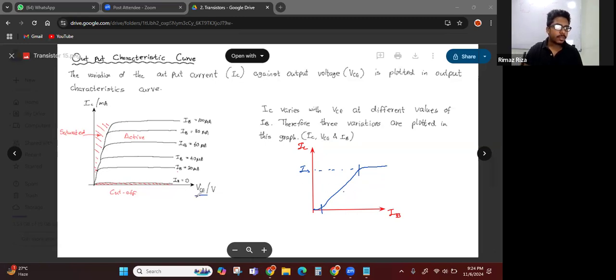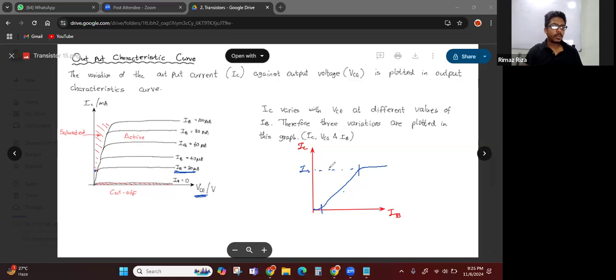Now, if VCE is very small, for example, let's say I consider IB is 20 microampere, and VCE is very small, a very small value.